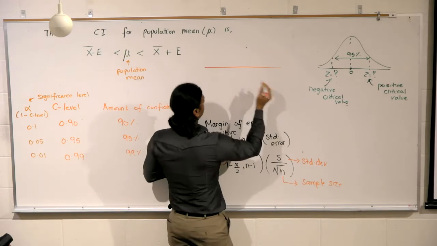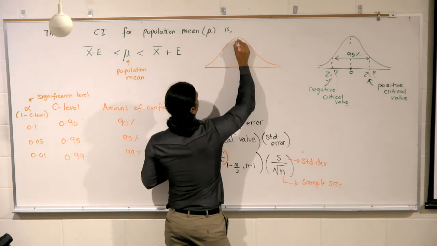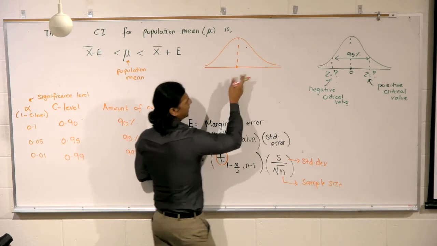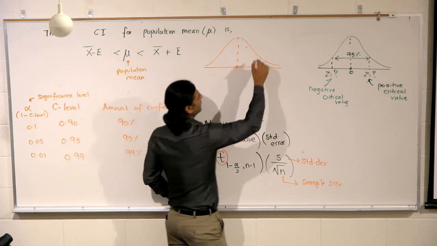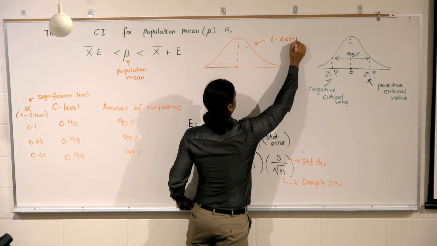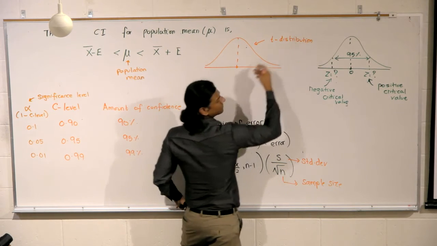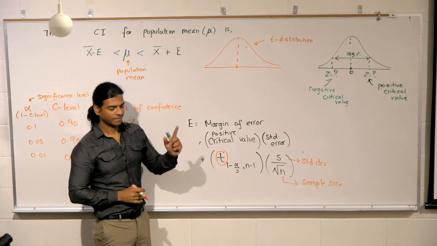The only difference, which you can't see, that looks like a bell curve, Watson, right? Correct. But it's a T distribution, hence the letter T. Good.